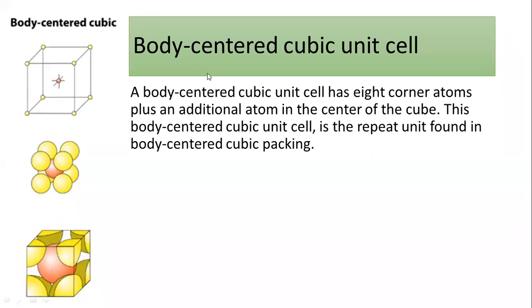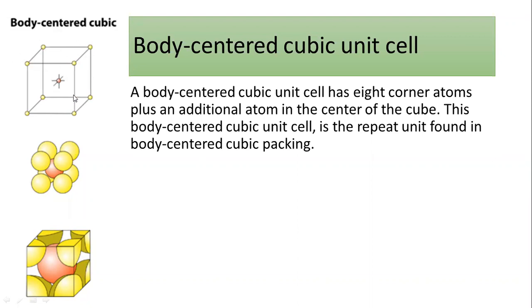Again, the second is called the body centered cubic unit cell. That means another type of cubic unit cell. If you understand the simple cubic unit cell, the body centered cubic cell has eight corners.